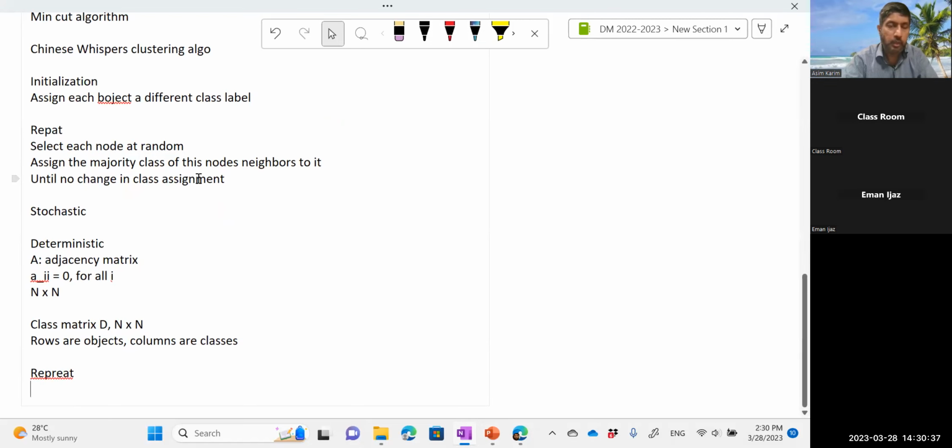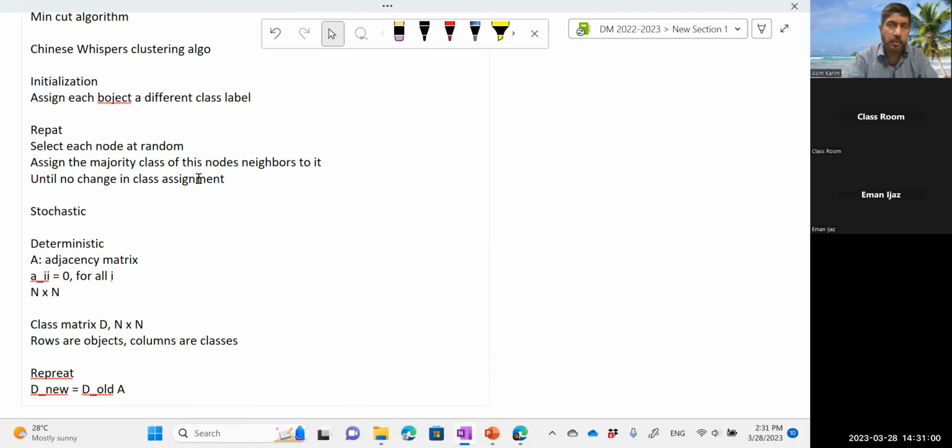First of all, you compute D new as the previous D old multiplied by A.